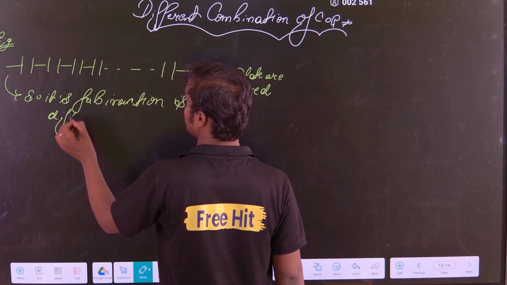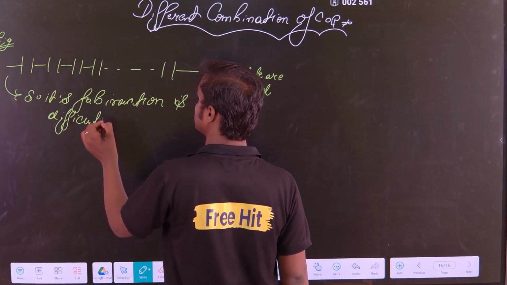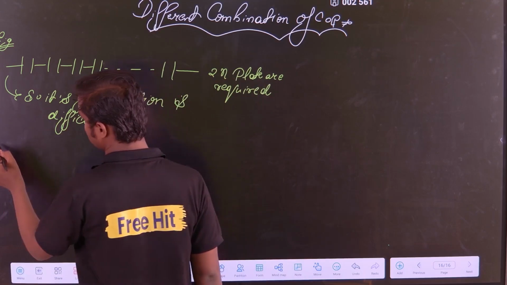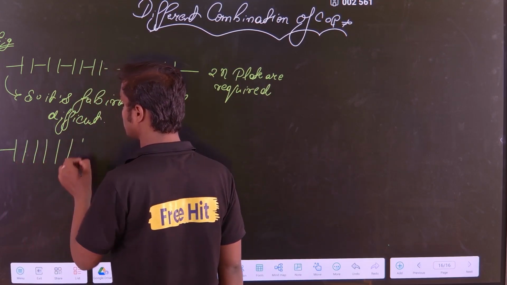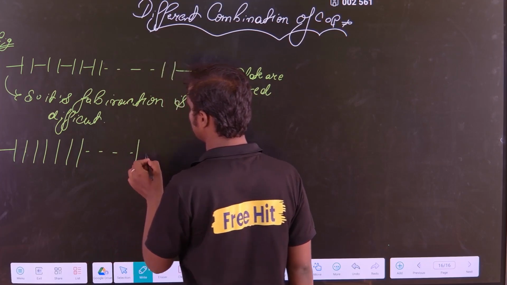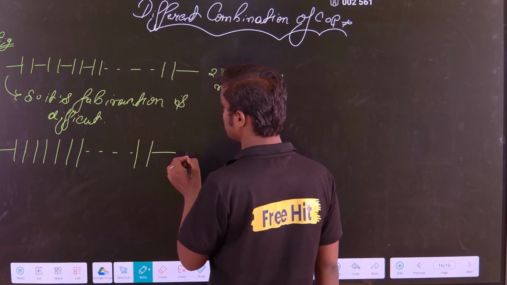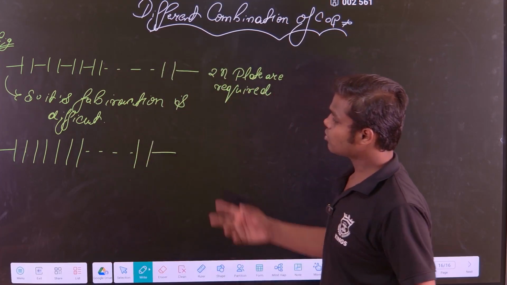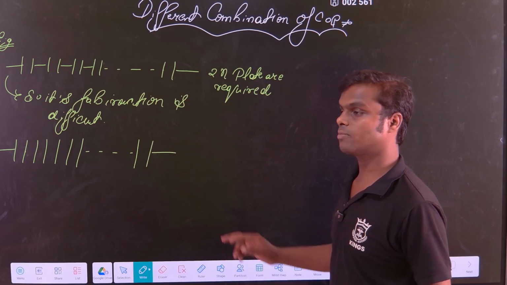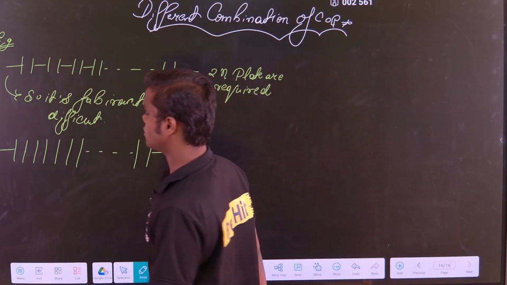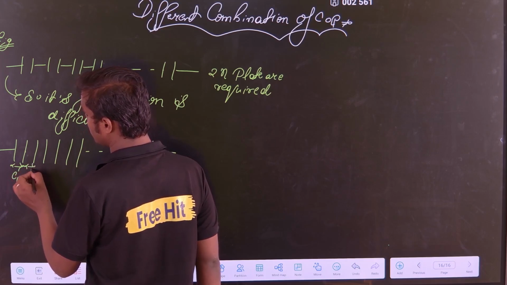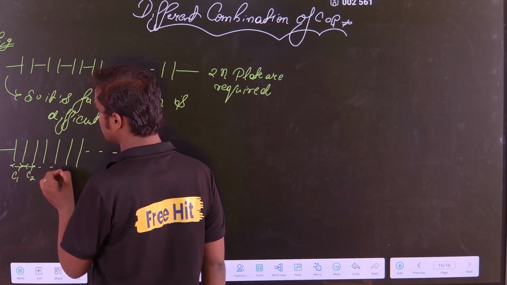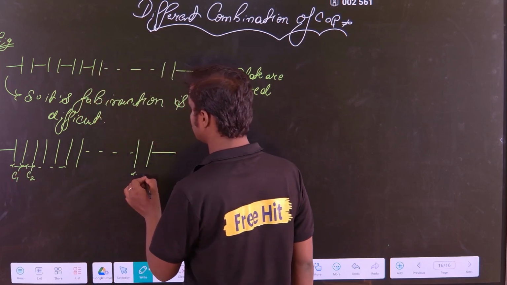So that's why we have come to the new thing, something called this. This is how it looks like. If you want to connect n capacitors in series, see, this will form one capacitor C1, correct? This will form another capacitor C2, like this. This will form another capacitance Cn.